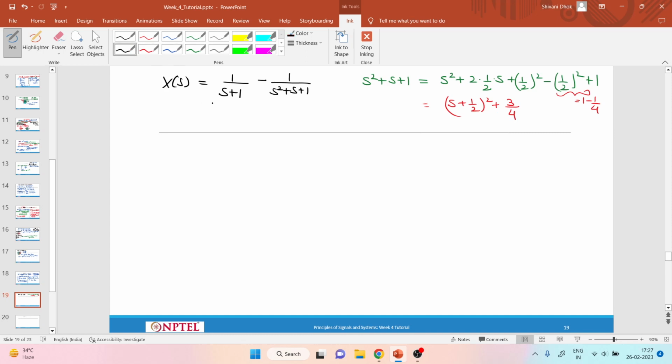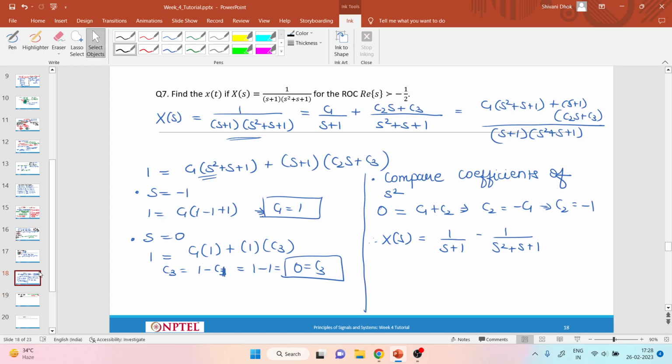So I can substitute it here. I can write it as 1/(s+1) minus, I think I made some mistake. Yeah, my C2 comes out to be -1 and C3 is 0, so it will have a factor of s here.